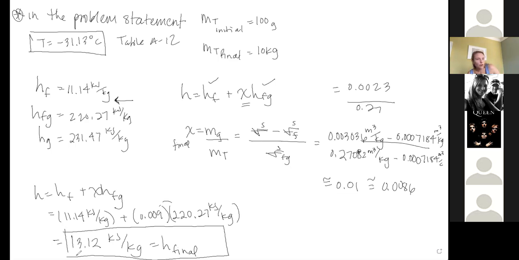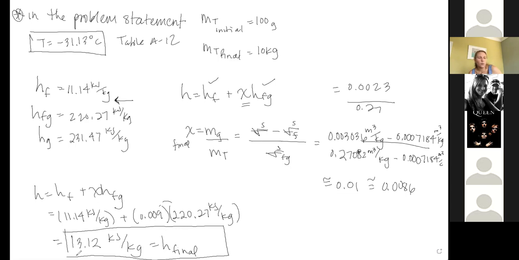So now we have our final temperature and we have our final enthalpy. Yeah, it's a long problem, especially when the problem statement misses out important information. So yeah, it's a doozy. It's a long one.